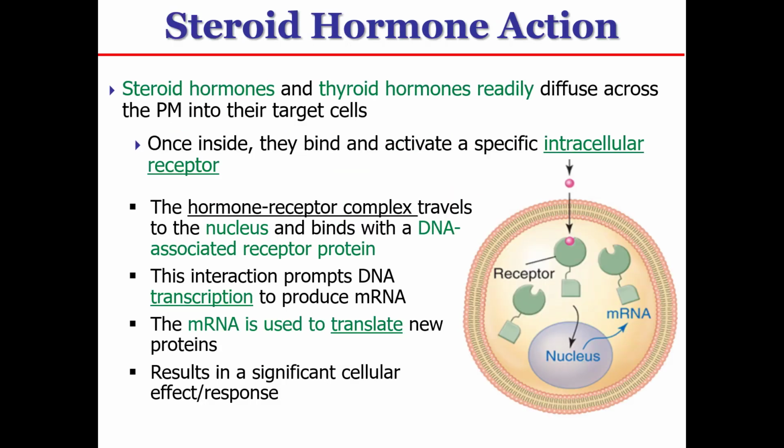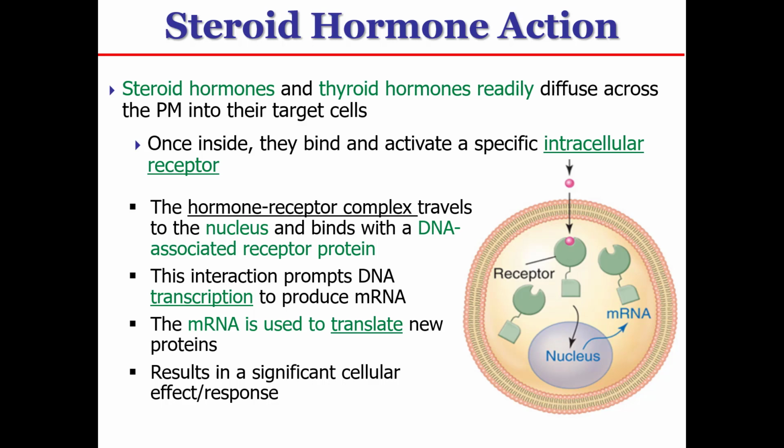Now, again, another review of how steroid-like hormones, including the thyroid hormones, can easily access the cytoplasm of a cell because of their solubility. All steroid hormones being cholesterol-based and thyroid hormones with those ring-like structures are going to make them act like fat-soluble molecules.